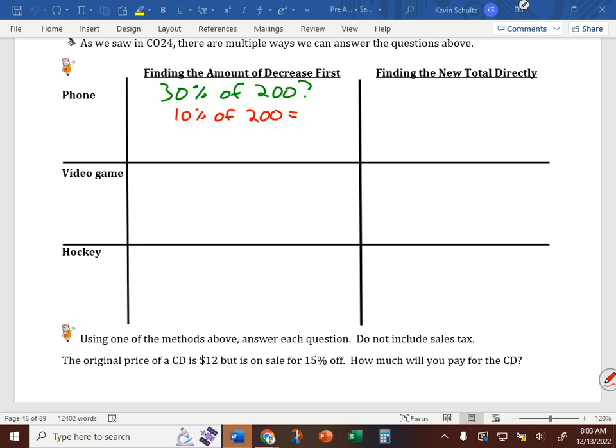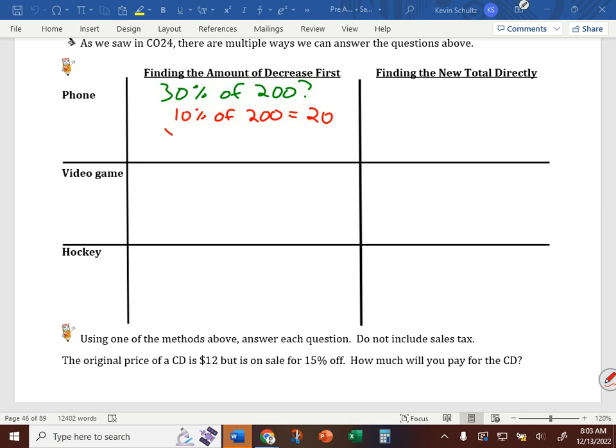I'm not going to let you get away with this one. Someone's answering this question. Gregory. 20. Very good. How we came up with that was 10% means what goes into, in this case 200, 10 times. And so we get 20. But we don't want 10%, do we? We want 30%. So how many 10% make 30%? 3 of them.